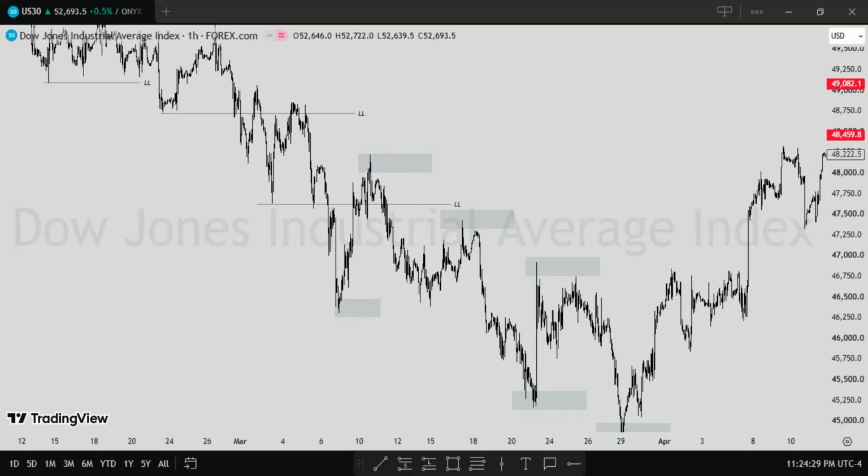Now, I want you to really understand that the trend is your guide, not a guarantee. Even strong trends experience pullbacks, and no setup wins every time. That's why risk management is just as important as market analysis.